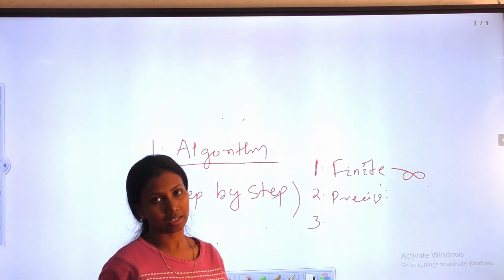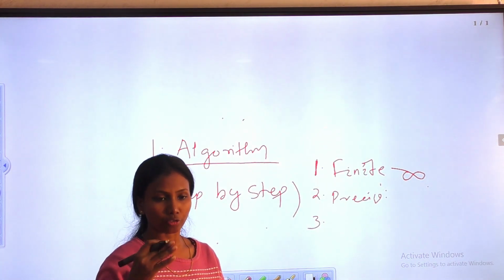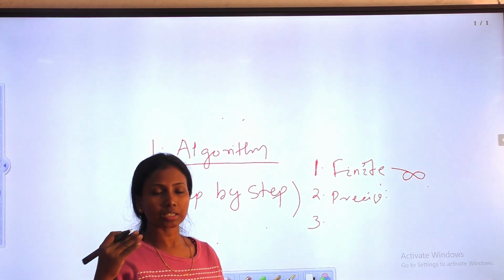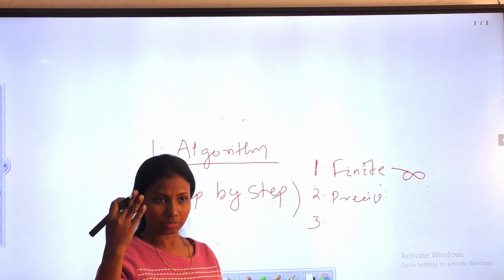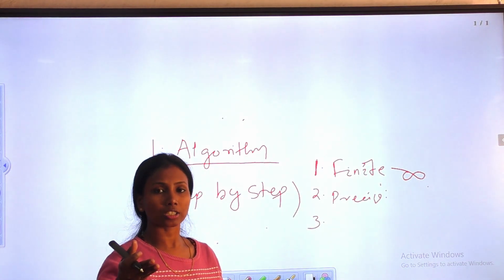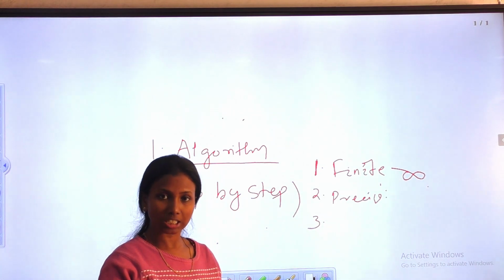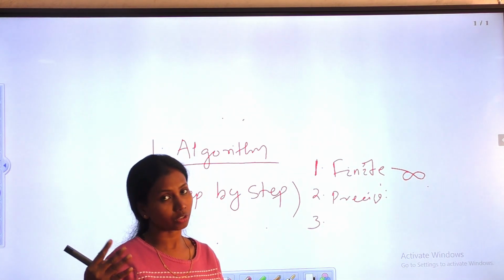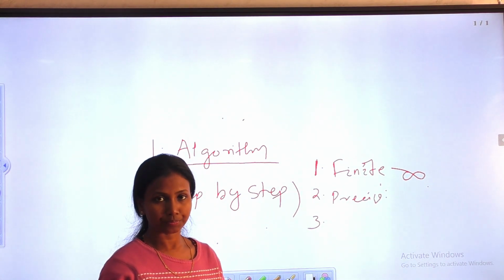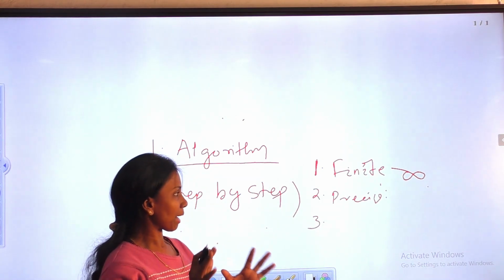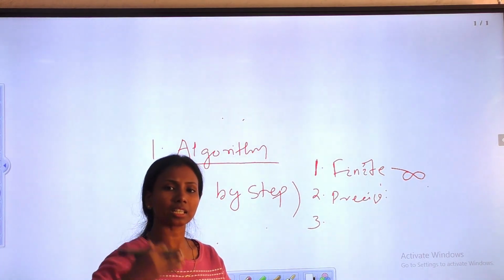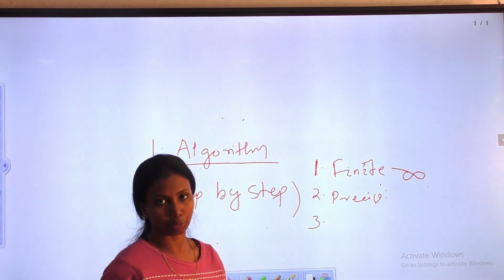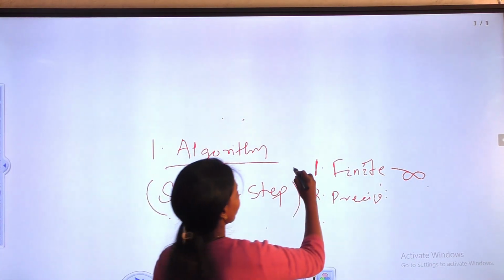It must have some end, three to four steps or four to five steps. There are no rules that someone must write the algorithm using four steps, or five or six steps. But it doesn't mean you calculate lengthier things in a never ending process. It must be finite.